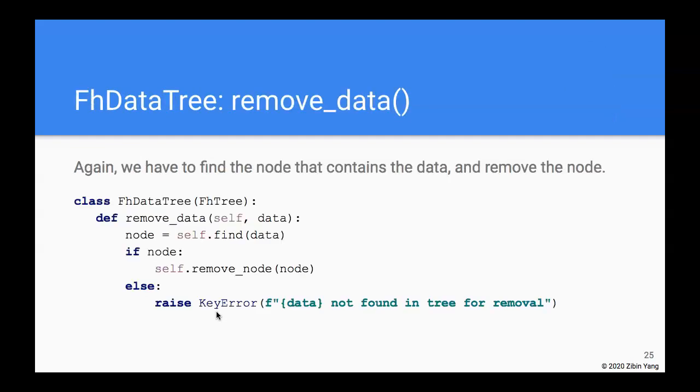And here is my code to do that. So first, we find the data, and hopefully we get the node that contains the data. And if we do, then we basically can just call the FhTree remove node to remove the node that contains the data. Otherwise, we'll just raise the key error telling the client we cannot find the data to remove.